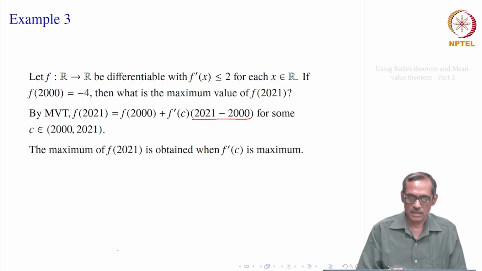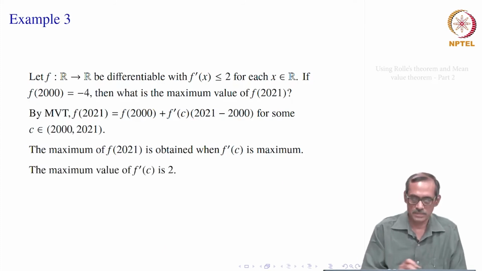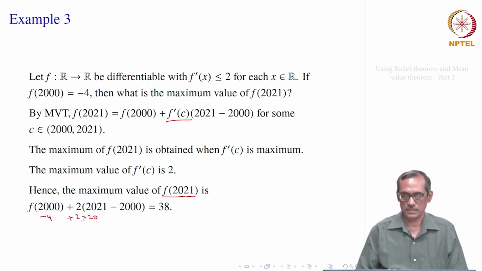So, the maximum is obtained when f prime c is maximum, and we take that as 2 itself. So, we get the maximum value of f of 2021 by substituting 2 here: f of 2000 plus 2 into 21 minus 2000, which is minus 4 plus 2 into 21, which is 38.